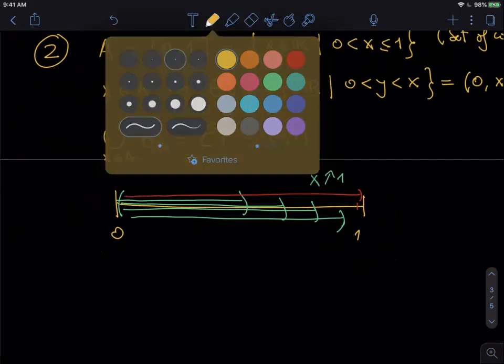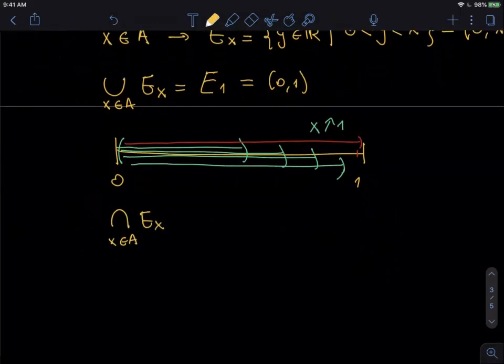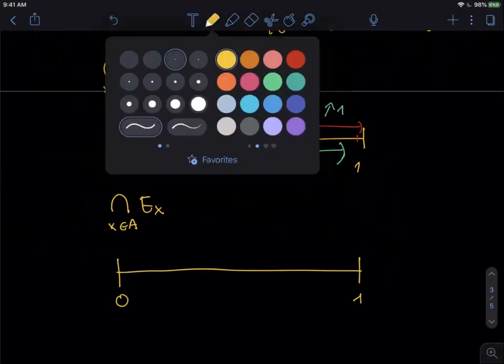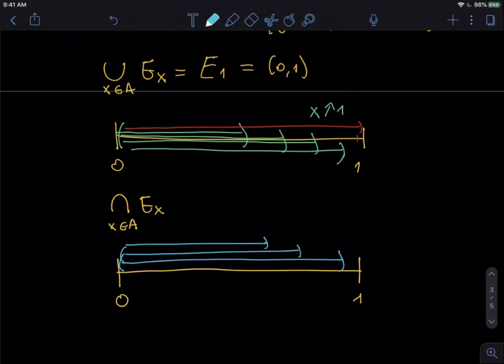Now, a little more subtle is the intersection. What is the intersection of the E_x? It's a similar idea, but now it goes the other way around. We have our intervals and they are going to be decreasing towards 0.